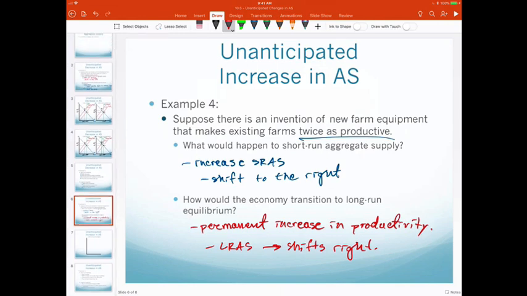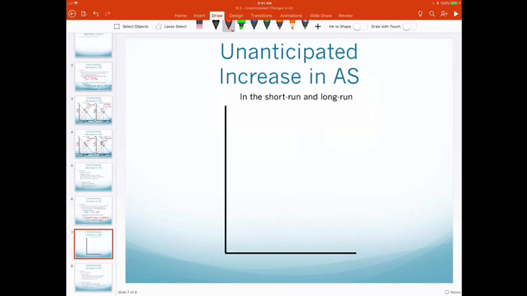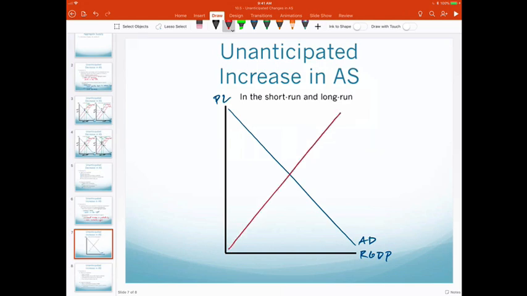This diagram is a little easier because we just have to draw one diagram. So let's go ahead and label everything. Real GDP, price level, and let's draw our economy initially in long run equilibrium before everything happens. Aggregate demand, short run aggregate supply here, this SRAS.